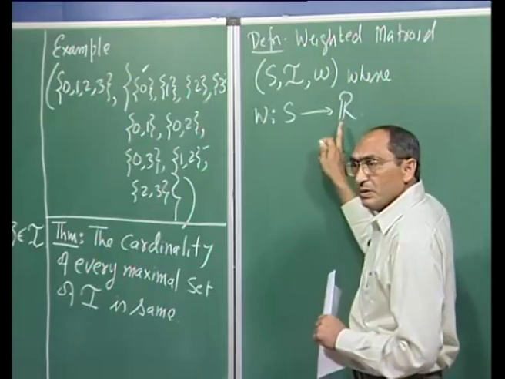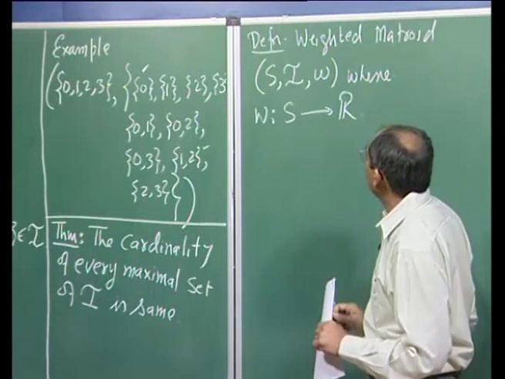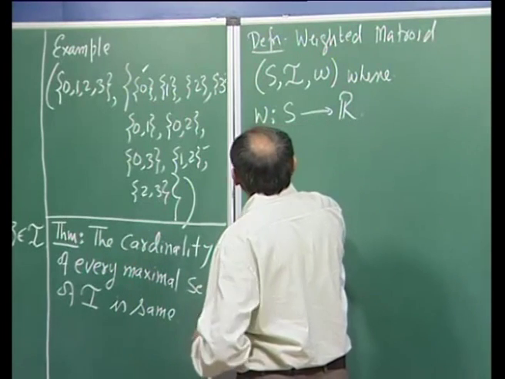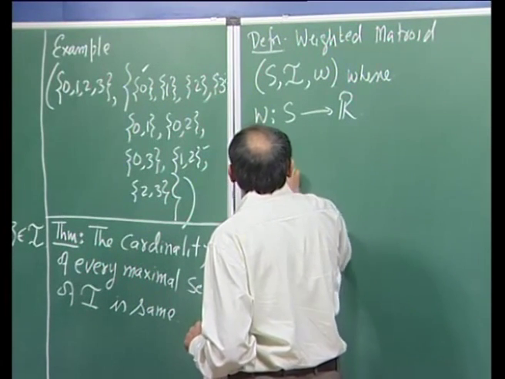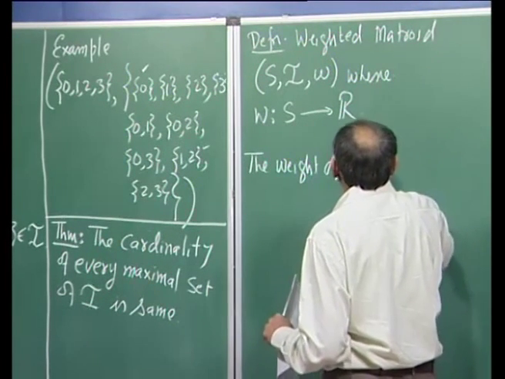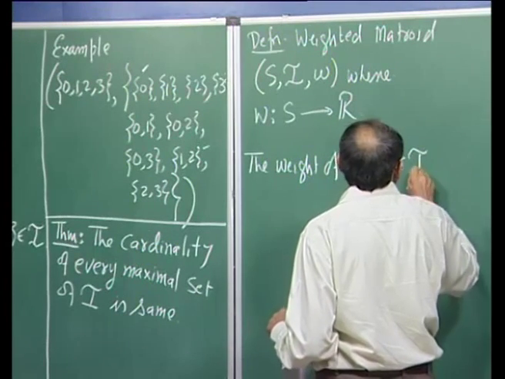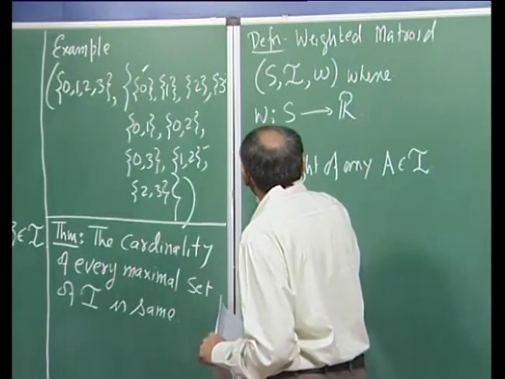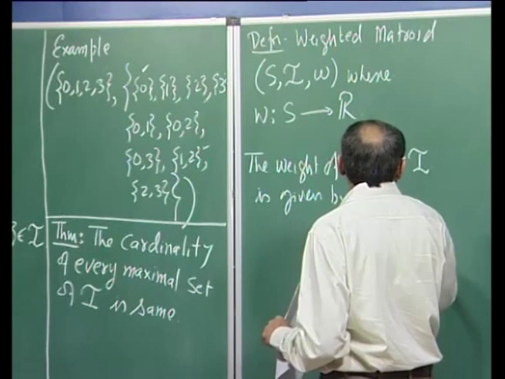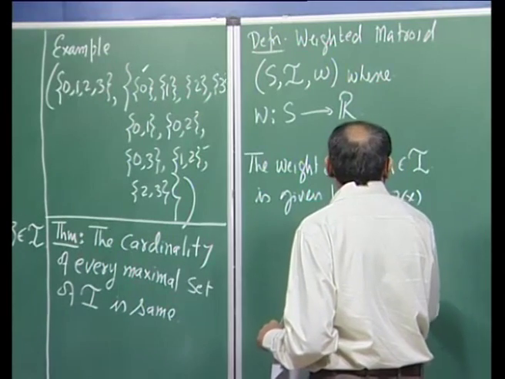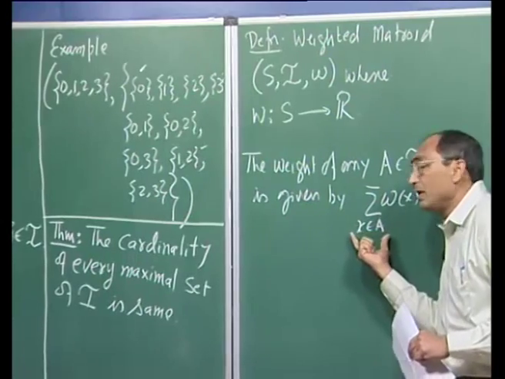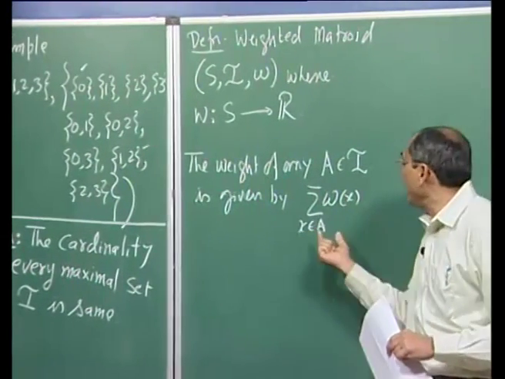We will accept both positive and negative numbers. Then the weight of any member A of I is given by the sum of W of x belonging to A. It is simply the sum of the weights of the elements of independent set A.